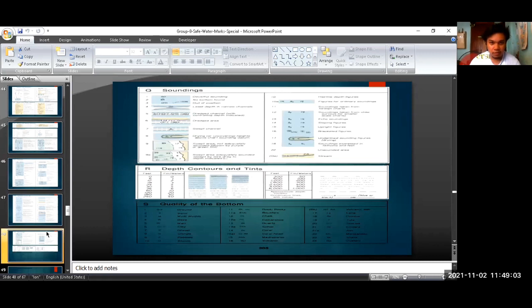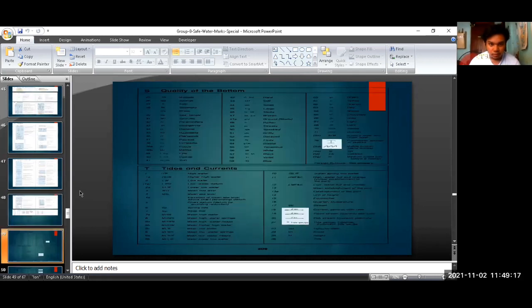Next is the soundings, depth and depth contours and tints, and quality of bottom. Also, continuation, the quality of the bottom and tides and currents.